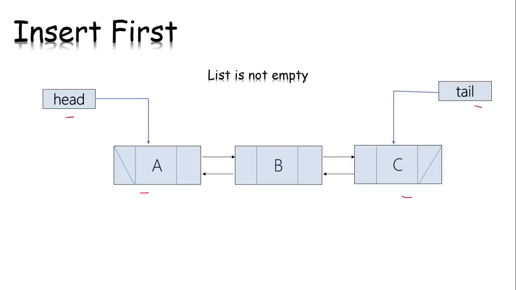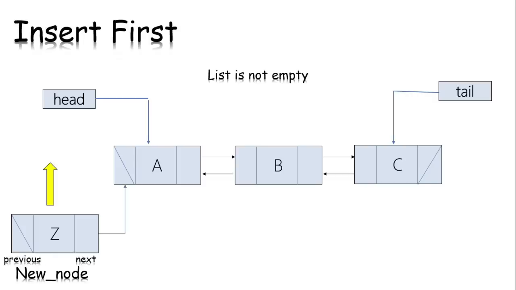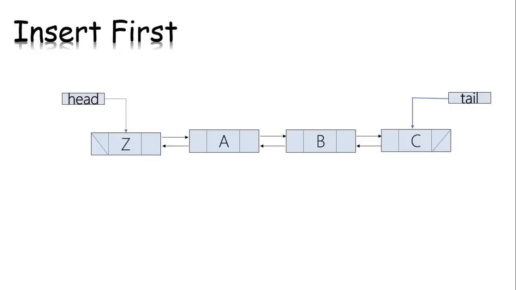If you wish to add a new node, which has a previous pointer and a next pointer, the first job is to adjust the next pointer of the new node to point to the first node pointed by the head. Then we adjust the previous pointer of the first node pointed by the head, and then adjust the head pointer to point to the new node. Now our linked list will look like this.